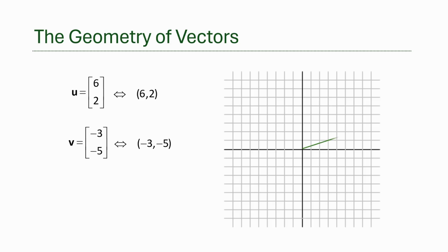So u and v would be represented like these vectors. With these conventions in mind, the set of all two-dimensional vectors, where the two values can be any real number, represents the entire plane, which is what we denote with this R2 symbol.